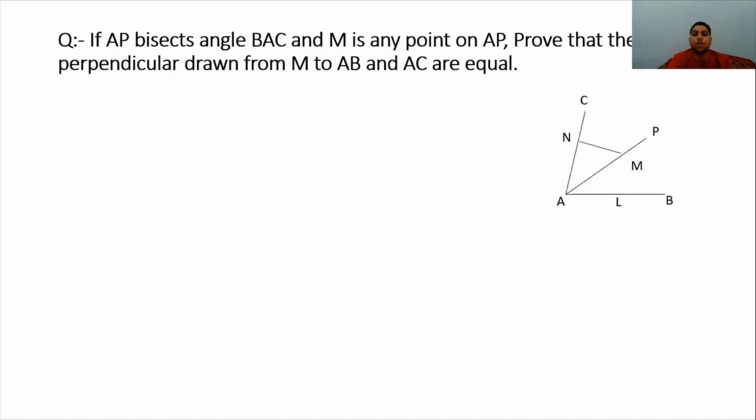If I draw a perpendicular MN on AC and ML on AB, then we have to prove that ML is equal to MN. This is what we have to prove.